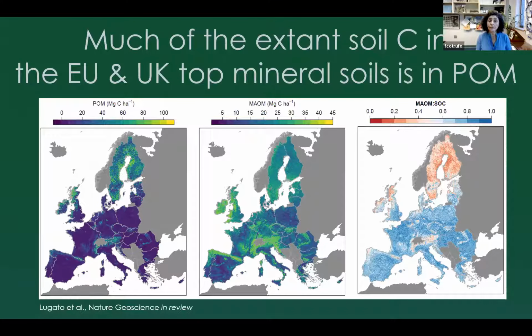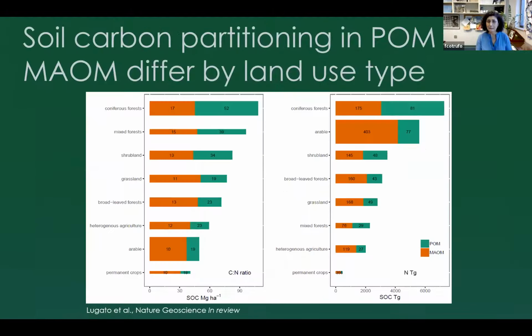And in fact, if we break down this result into the different land uses, what we saw is that in Europe, the conifer forests, in the Scandinavian region in particular, store the most carbon when quantified in megagrams of carbon per hectare. They have the majority of it in particulate organic matter, with a relatively high carbon to nitrogen ratio.